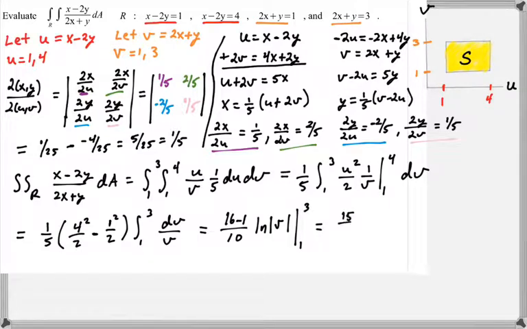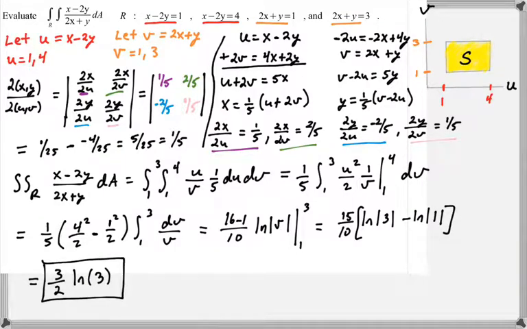So it's going to be 15 over 10 times the natural log of the absolute value of 3 minus the natural log of the absolute value of 1. So 15 over 10 reduces to 3 halves. Natural log of 3, where the natural log of 1 is 0, so that just goes away. You don't need the absolute value bars on the 3 because it's already positive.